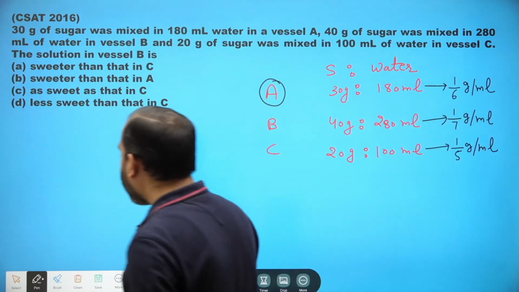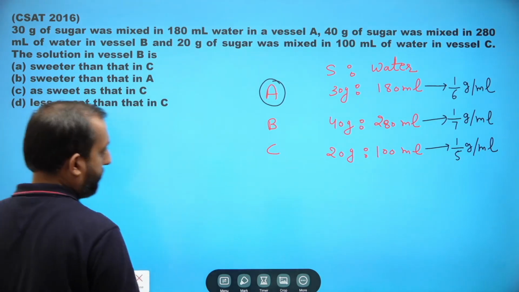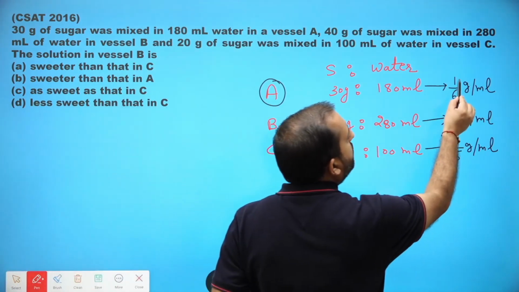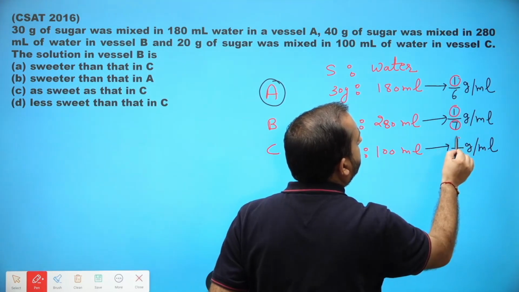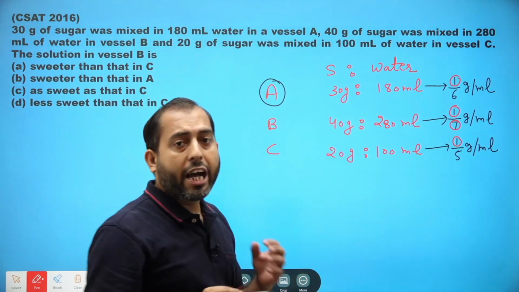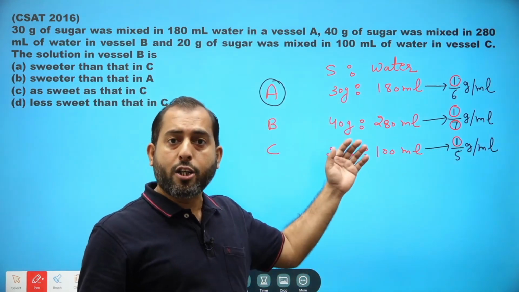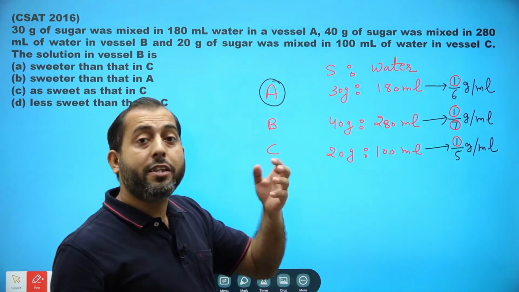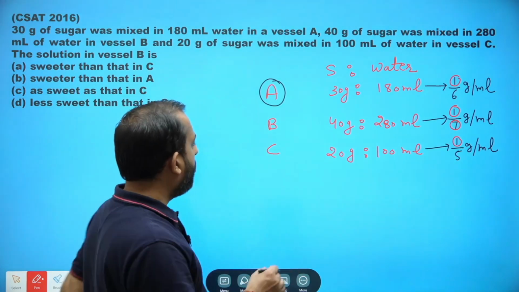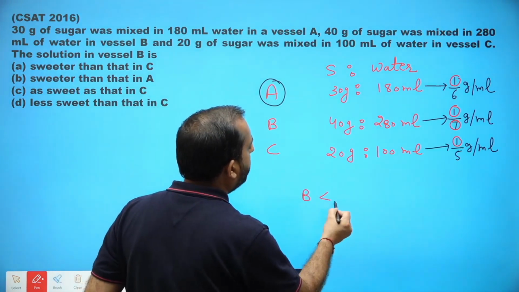Now if I compare these fractions, the numerator is the same everywhere. So the fraction with the highest denominator will be the minimum fraction. So B should be the minimum value.